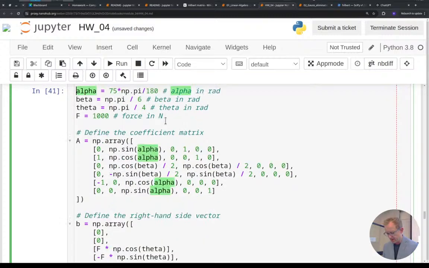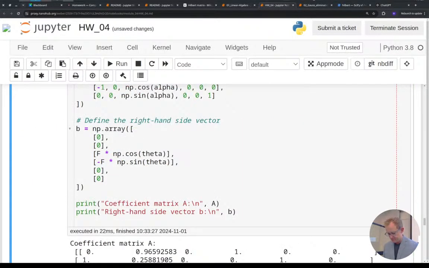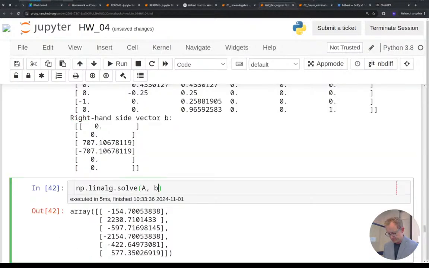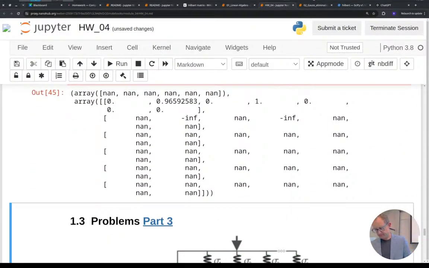I don't need these. And what you should find if you plug in this A matrix and that output B, the naive Gauss is going to give you a whole bunch of NaN numbers.